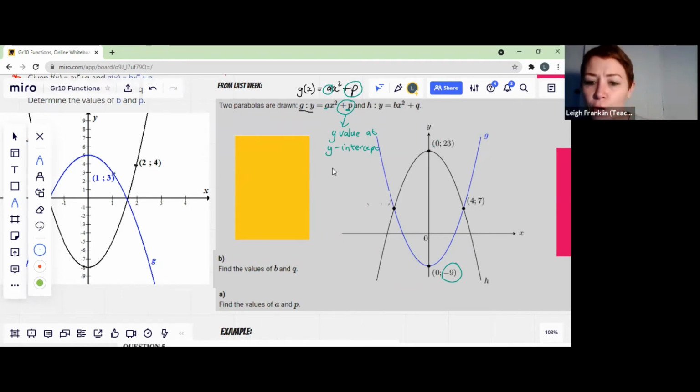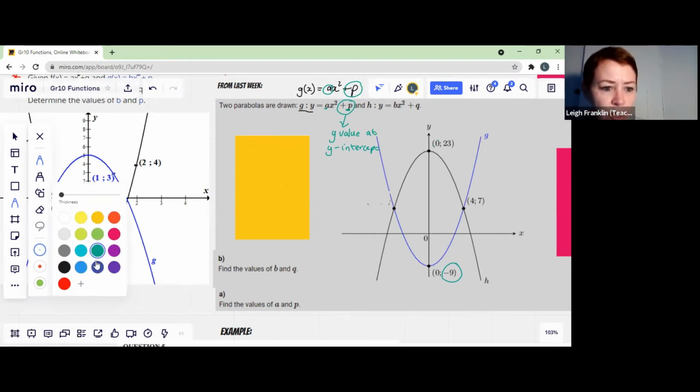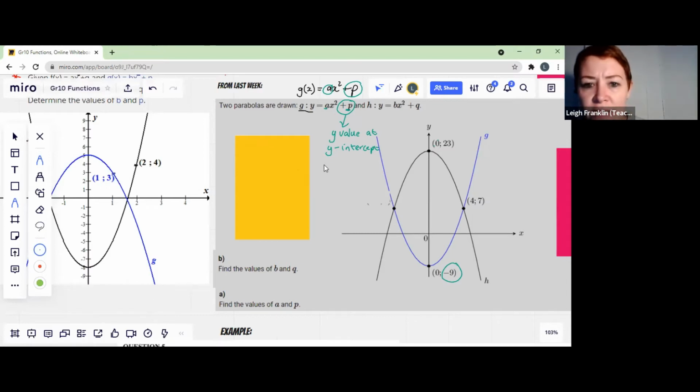Okay, so the first thing that we want to do, if we know the value of y at the y-intercept, is put that into our equation. So here, we're going to say that the value of p is -9, and it comes from this -9 over here.